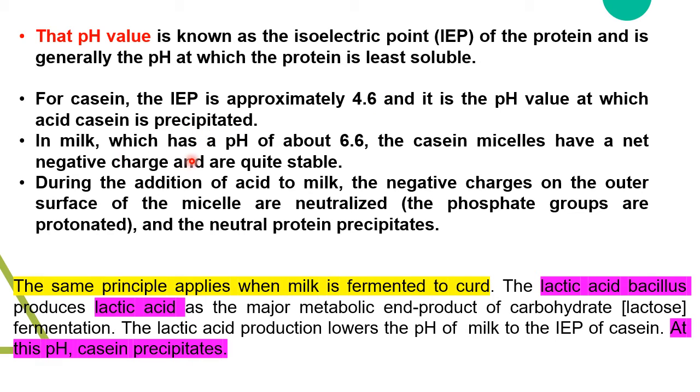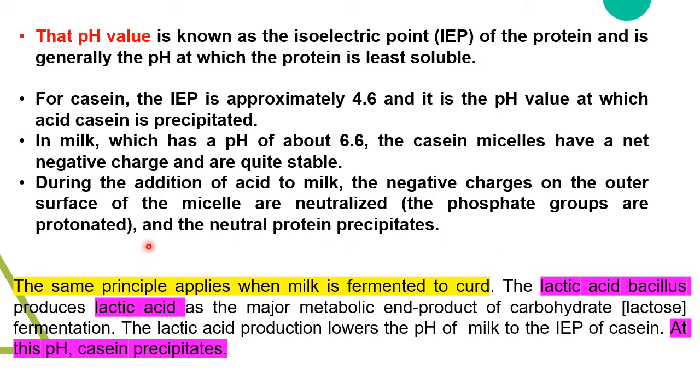In milk, which has a pH of about 6.6, the casein micelles have a net negative charge and are quite stable. During the addition of acid to milk, the negative charge on the outer surface of the micelles is neutralized.